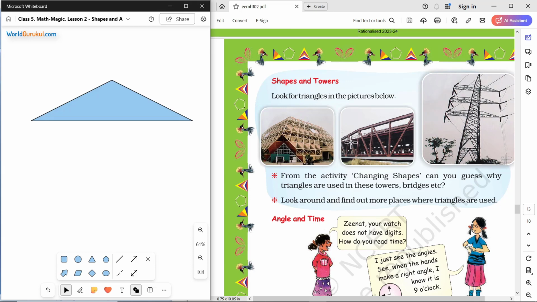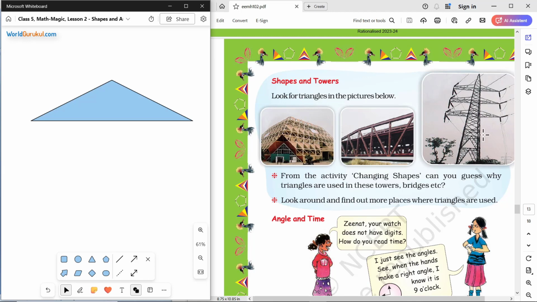On the right side, it appears to be a railway bridge, and you see some triangles. These iron beams are put in the triangle shape for added strength. And here in this building, you see all the beams, all the pipes, angles are positioned or fixed in a certain form. They are forming triangles for added strength.